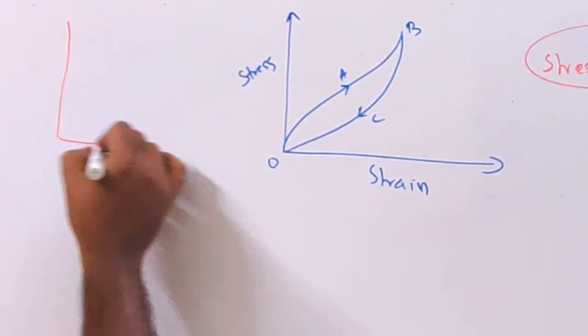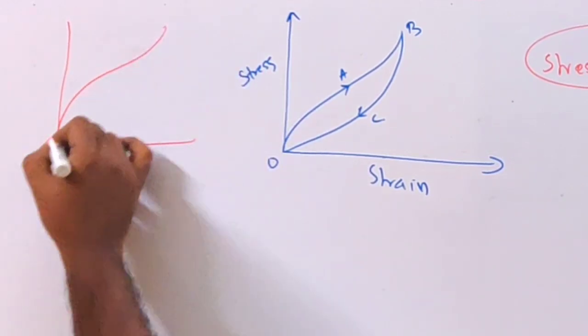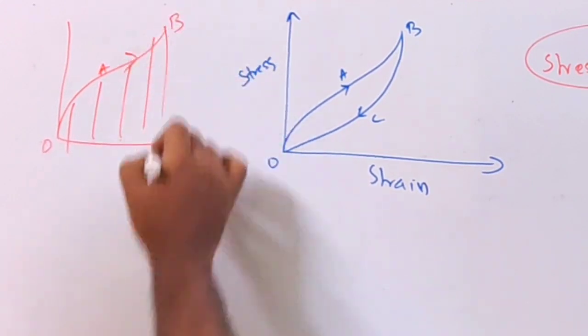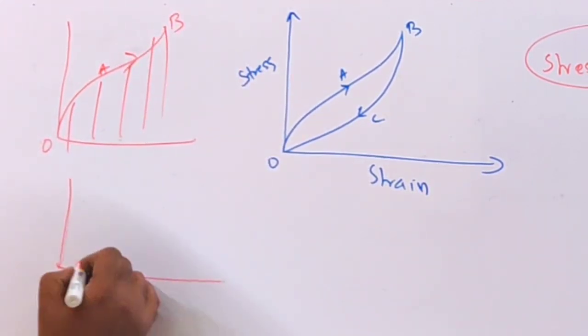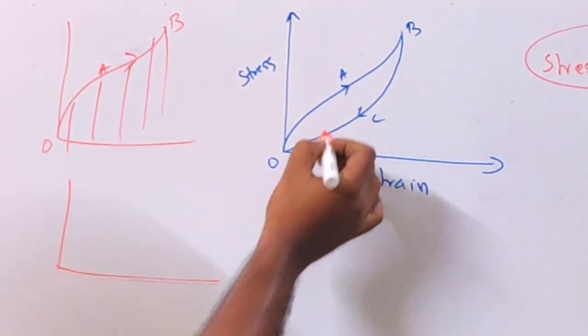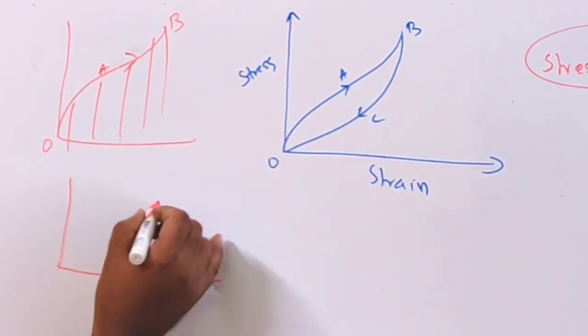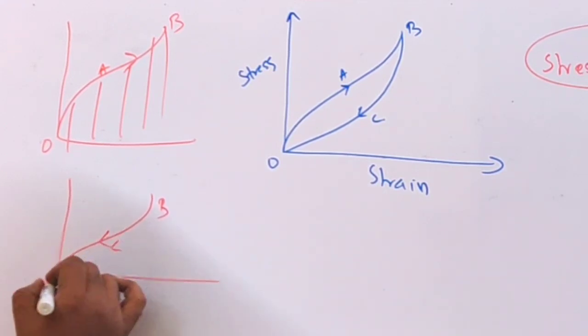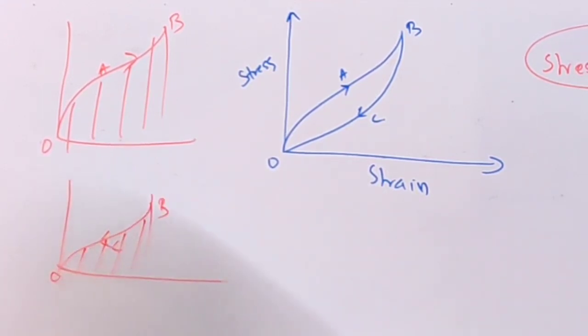Like this is OAB. So you need to calculate the area of this part. But for the second part, when the load is removed, the graph is taking this path BC. So you need to calculate the area of this part.